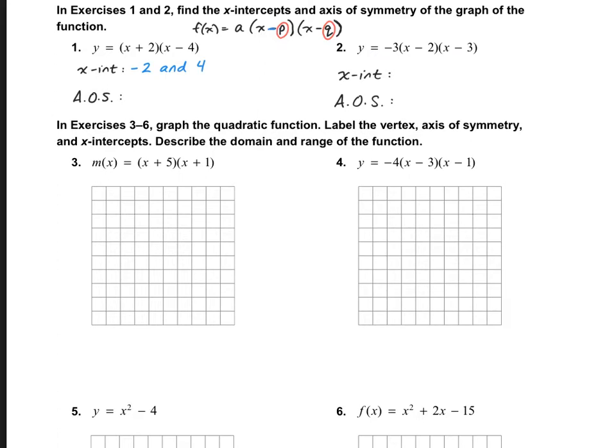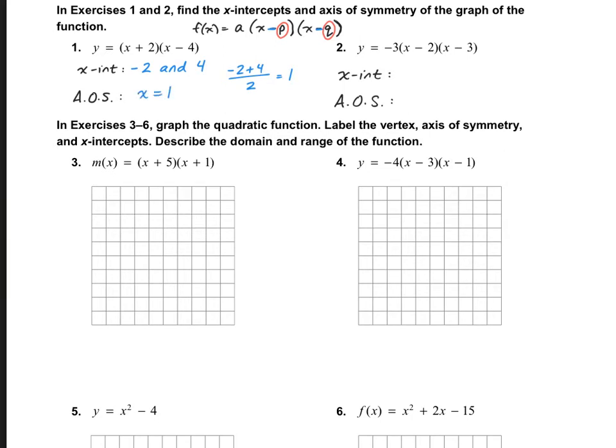Remember, since these both have negatives in them, we need to take the opposite sign of the one that we're given. Now the axis of symmetry, remember, is the average of the 2 x-intercepts. So I need to take these 2 x-intercepts, add them together, and since there's 2 of them, we divide by 2. So -2 plus 4, all divided by 2, would give me +1. So the axis of symmetry would be x equals 1.